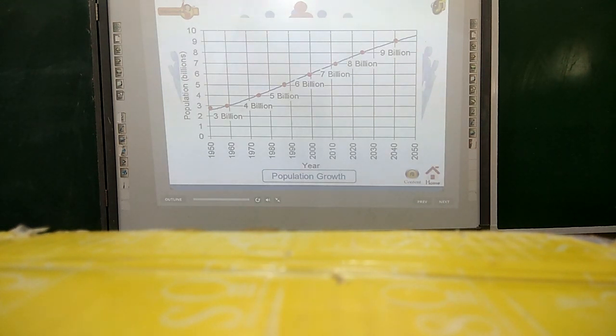You see how the population has increased. 1950s, 3 billion, 70s, 4, 80s, 5, 90s, 6, 2000, 6 billion, 10, 7 billion, 20, 8 billion.